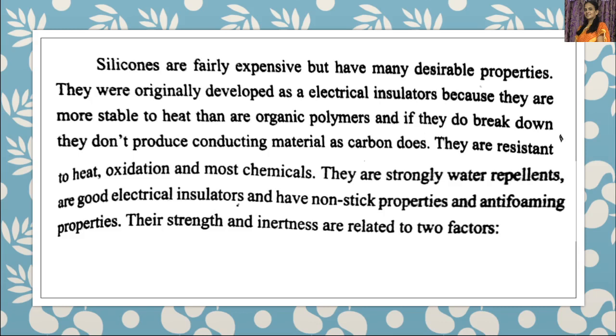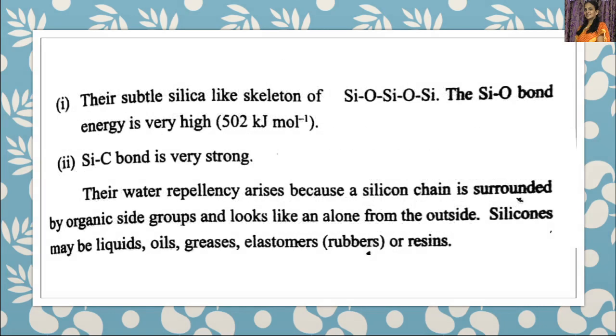and anti-foaming properties. Because of all these applications, the silicones are very important, and their strength and inertness are related to two factors. What are they? First, there is a subtle silica-like skeleton of SiO, and this SiO bond energy is very high, around 502 kilojoules per mole.